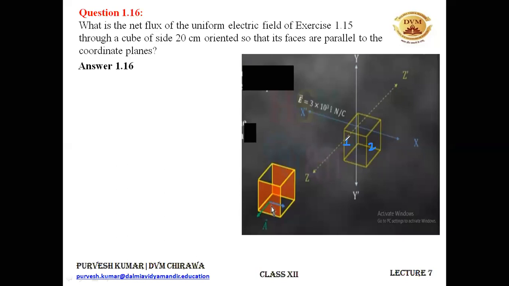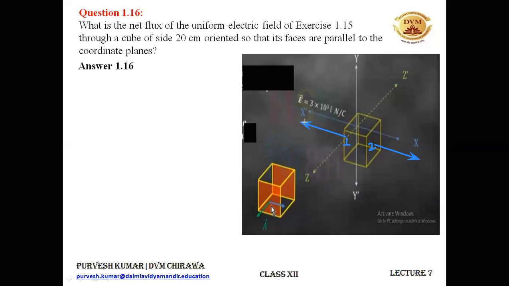Okay, for surface 1, the area vector will be in this direction. The area vector will be like this. For surface 1, the area vector will be in this direction, and for surface 2, the area vector will be in this direction. All right. Why so? Because the electric field is moving in this direction and the area vector is perpendicular to the surface.